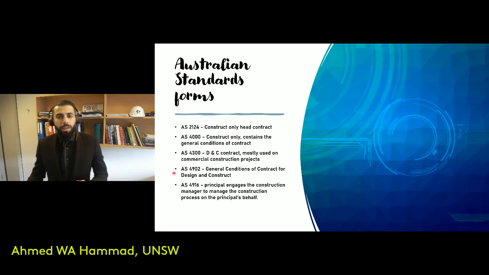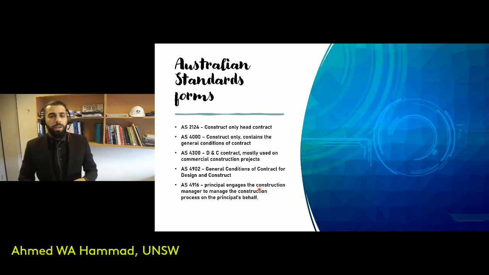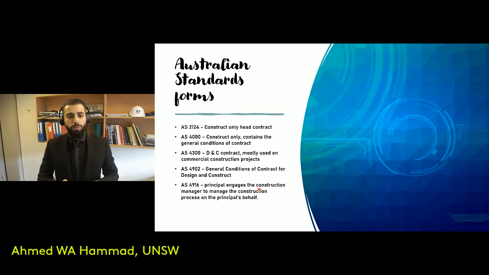And then we have the AS4916, again commonly used, especially when you have a principal that engages a construction manager to manage the overall project on the principal's behalf. So that's just a list of some of the Australian standards forms.